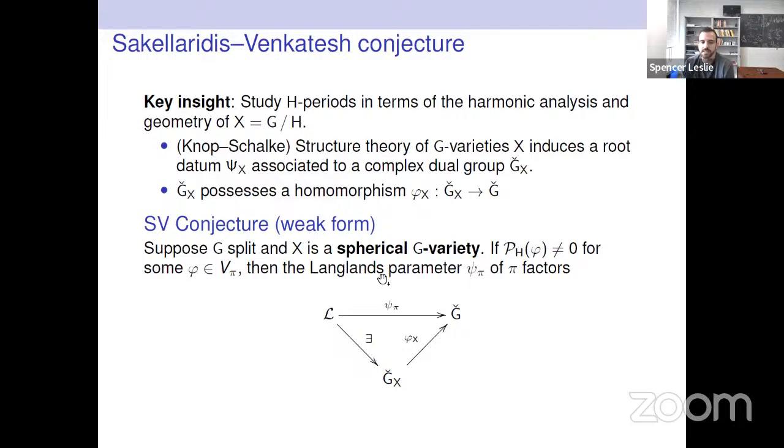What is that constraint? It's that the parameter factors in this way. And the point here is that this dual group is completely encoded by the geometry of the space X.